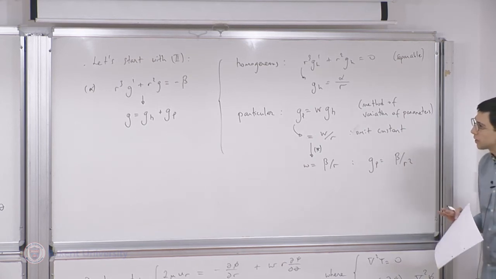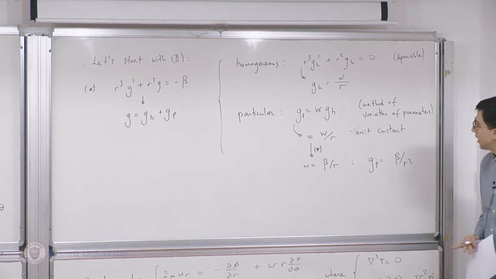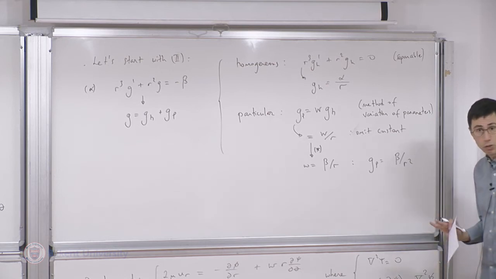On the other board, I had already written what the solutions are, and now we know what one solution is: g is equal to alpha over r plus beta over r squared. So this one is done with. Do you have any questions here?